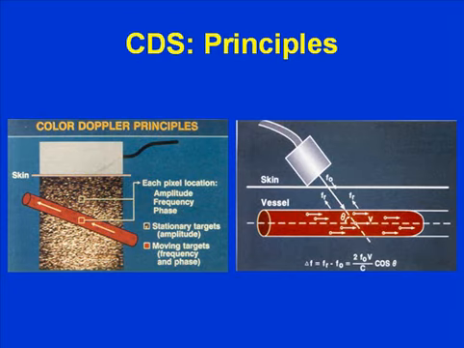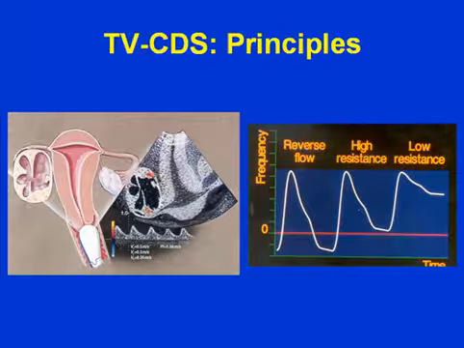And rather than quantifying the relative impedance values, the RI, which is the resistive index, systolic minus diastolic over systolic, or the pulsatility index, which is systolic minus diastolic over the mean, we really can differentiate high from low resistance and also detect when there's reverse flow, which is a very high impedance to forward flow.